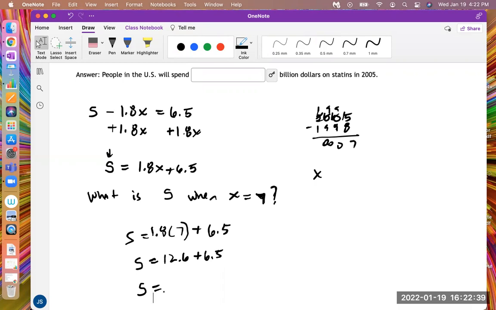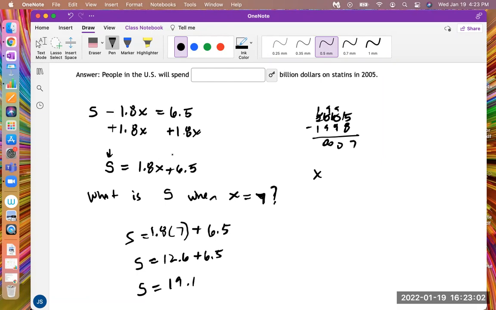Make sure if you're using a cell phone calculator, you press equals before you continue, because if you keep going on, it sometimes messes everything up. So that equals 12.6, and then add 6.5. Okay, now I get 19.1. And there we go, that's 19.1.